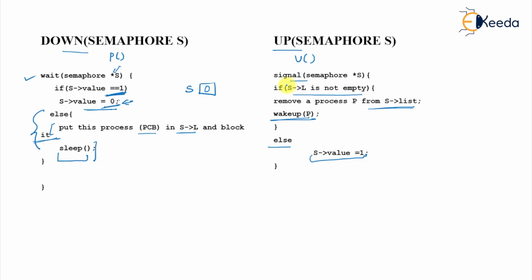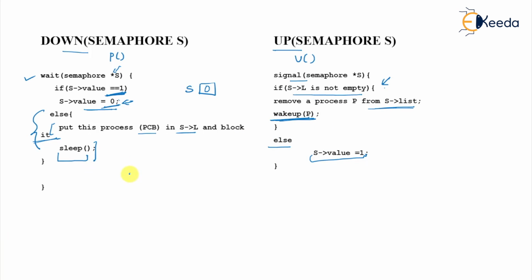Here, if S.L is not empty, that means there are few processes waiting for it, so remove the process and just wake it up. Otherwise, you set the value to 1.